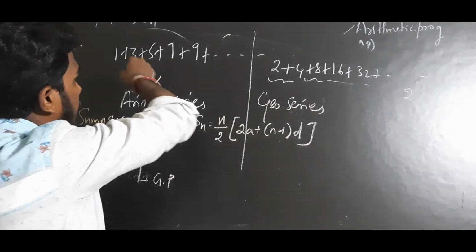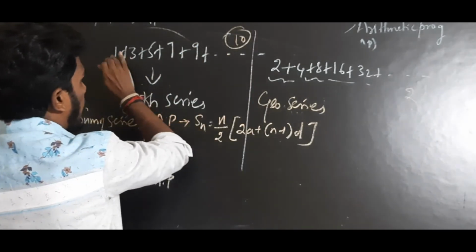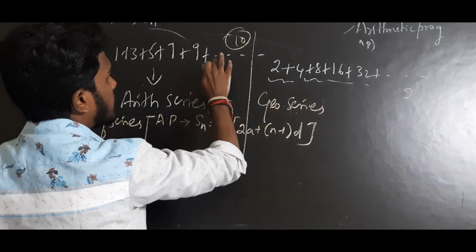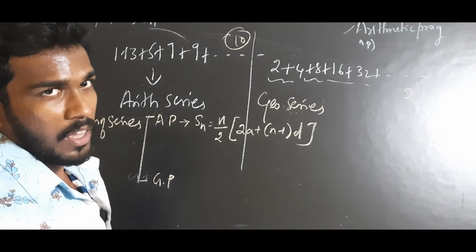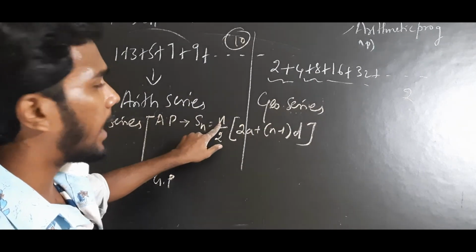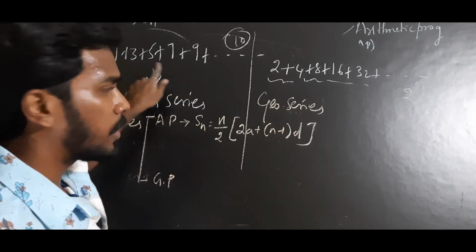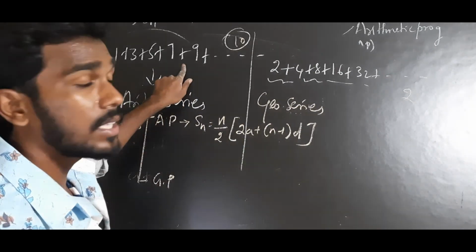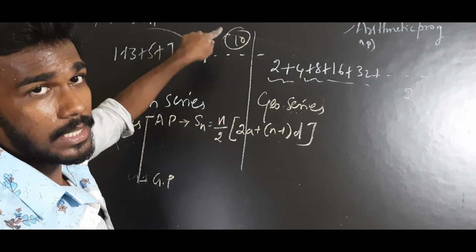For example, if I am going to calculate for 10 numbers, 1, 2, 3, 4, 5, 6, 7, 8, 9, up to 10 numbers of data, then you put n as 10. A will be the first element, and D will be the common difference between them. So by substituting in this formula, you can find the sum of 10 numbers in this series.